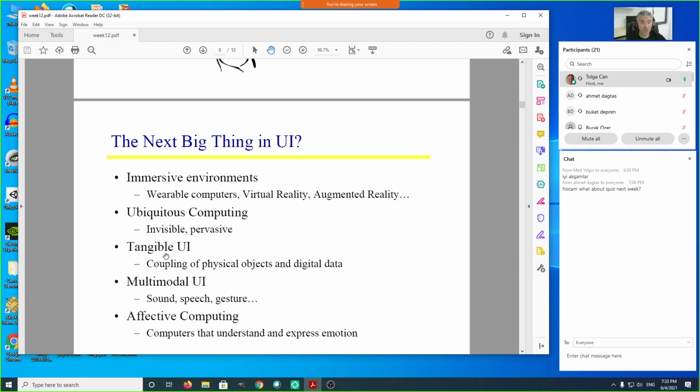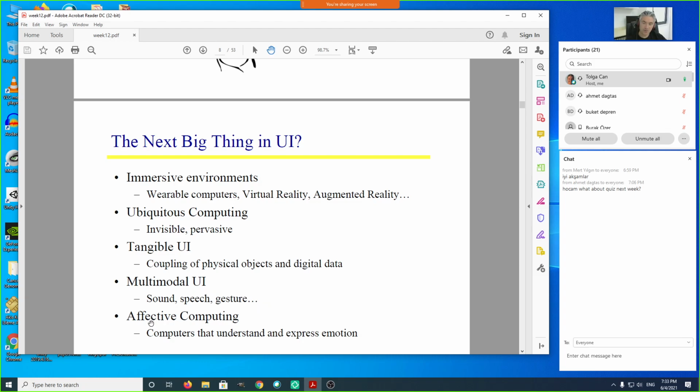There are also tangible user interfaces that you can physically interact with, coupling of physical objects and digital data together, and multimodal user interfaces that use multiple information channels at the same time.